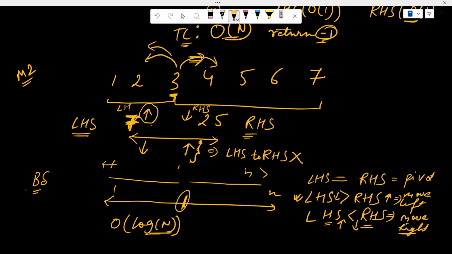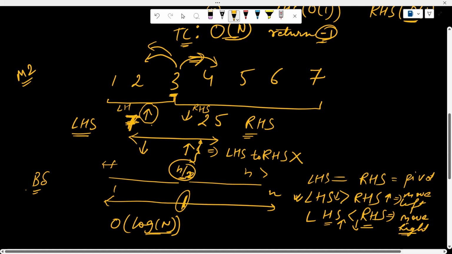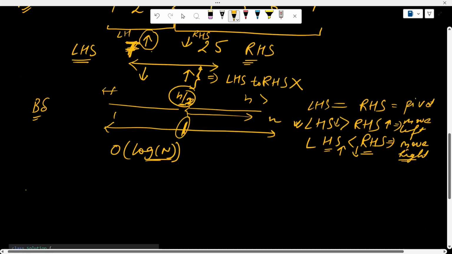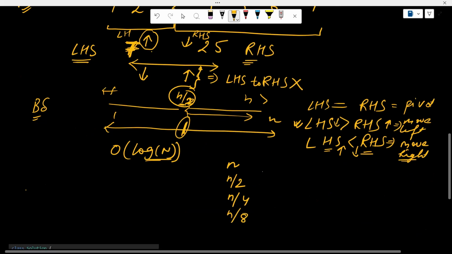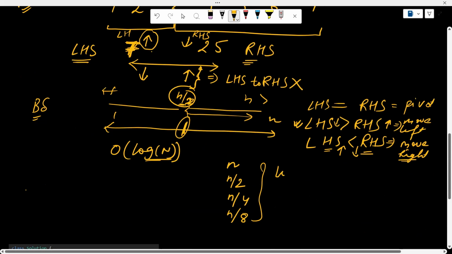Once we check the middle point and it is not the pivot, the next range of our answer will be either 1 to n by 2 or n by 2 to n. So it is reducing to half. Initially our range of answer was n, now it will be n by 2, after that n by 4, like this n by 8. In this way, we can see the total time complexity will be big O of log n.